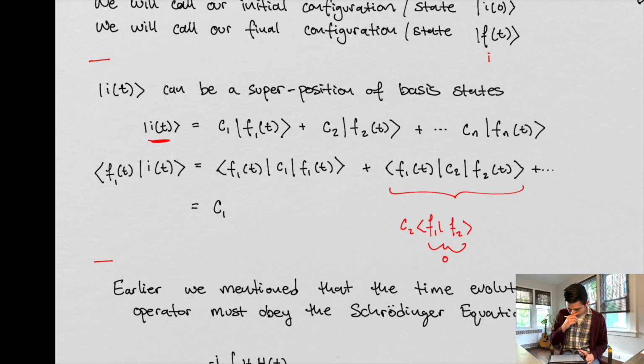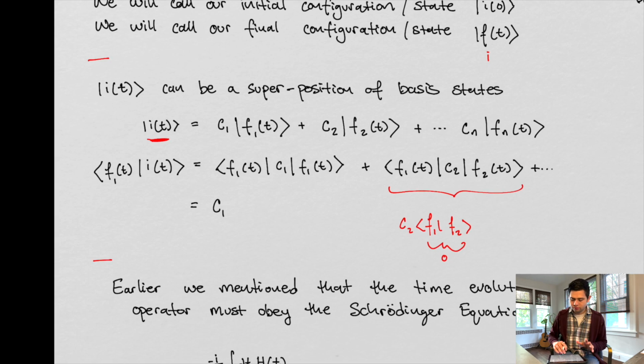The idea here is that you can take a state, break it up into its multiple basis states, and then filter out which basis state you're interested in by appending this right here to a final state that's associated, say, with the first basis state. This is all really just a little bit of mathematics, not super important for right now.